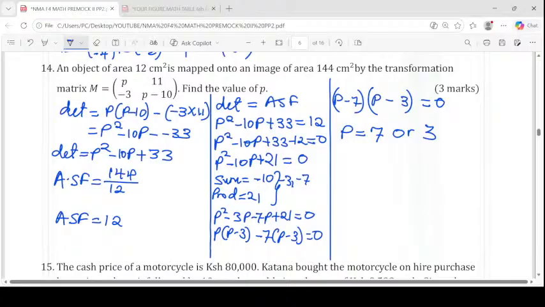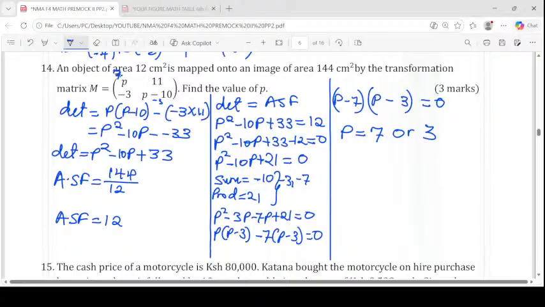Let us test them. If P is 7, then P minus 10 is 7 minus 10, that is negative 3. So 7 times negative 3 is negative 21. Then negative 21 minus negative 33 becomes 12. What about when P is 3?